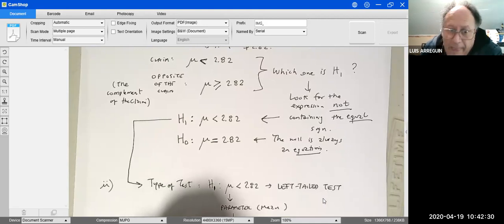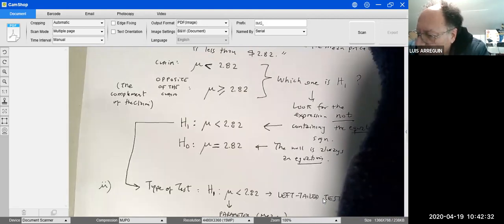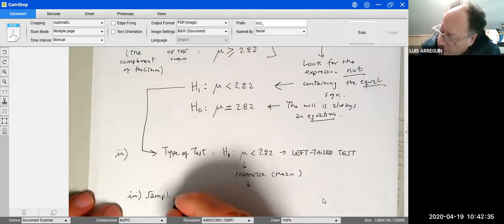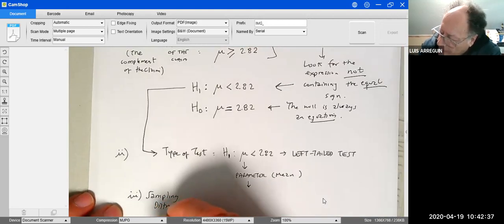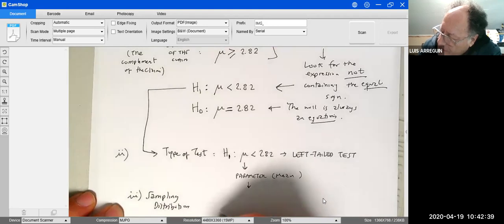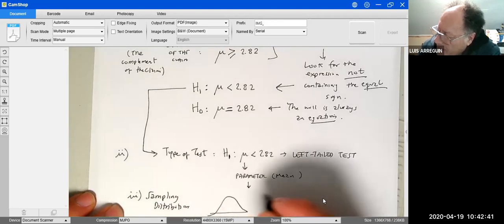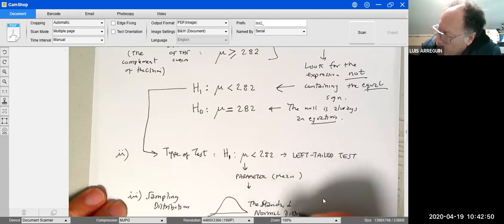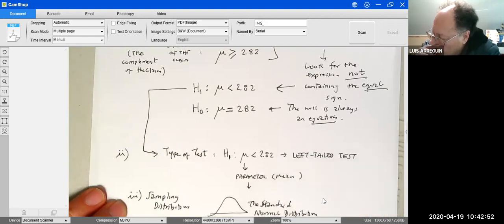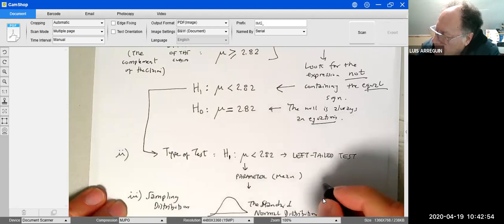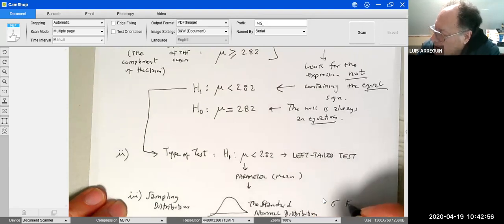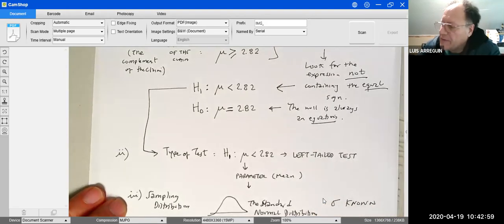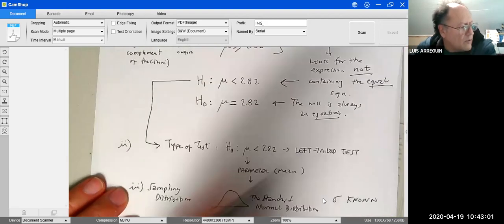Then the sampling distribution that we're going to use is going to be just the standard normal distribution, because we know the standard deviation of the population was given in the problem.